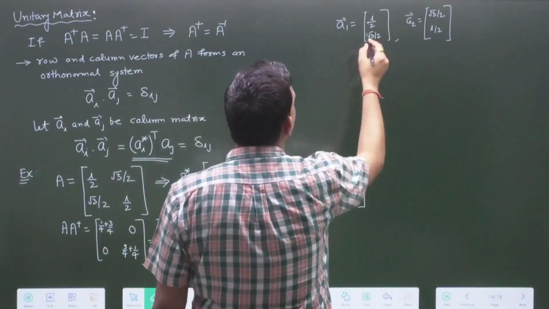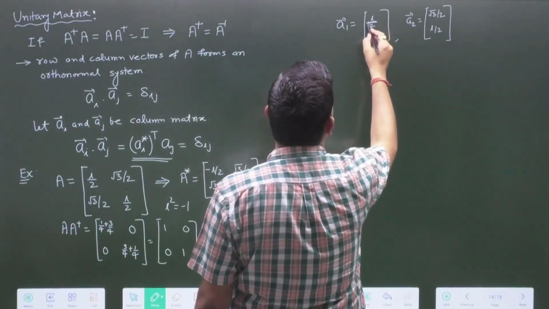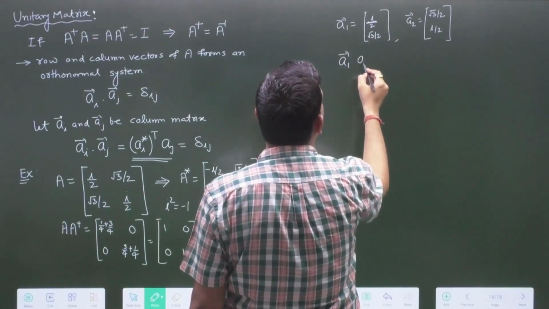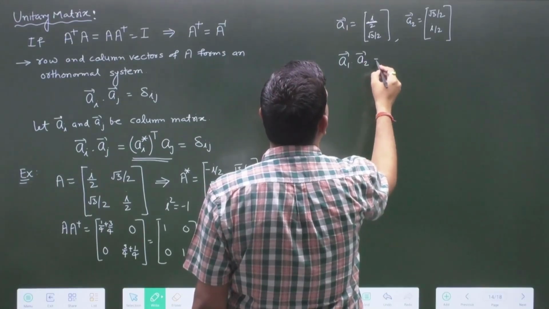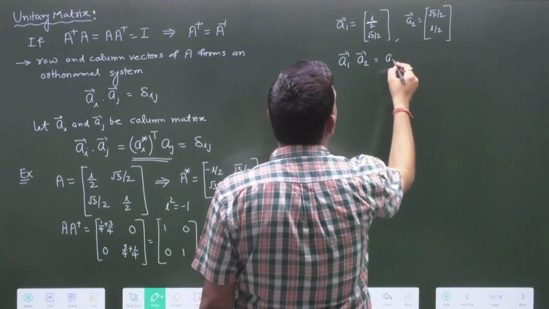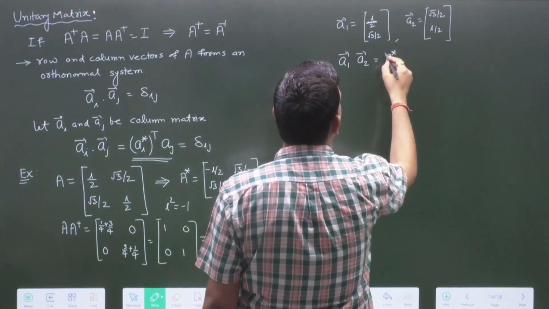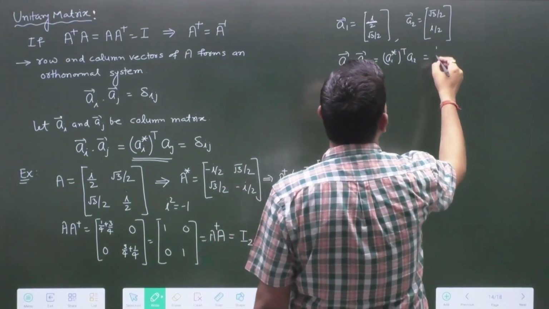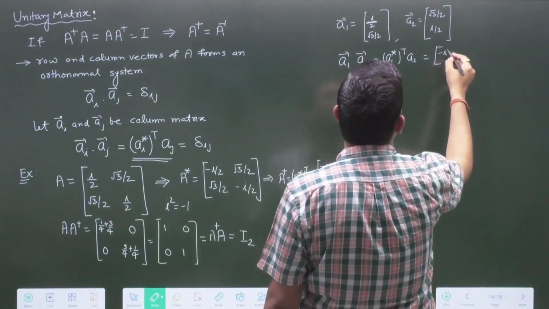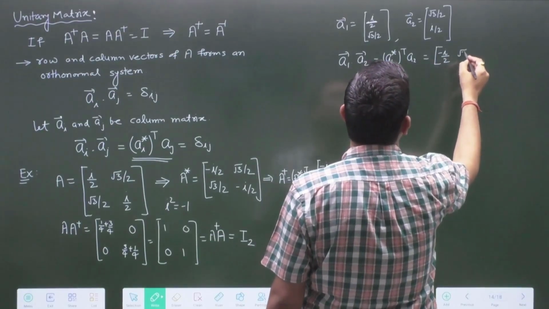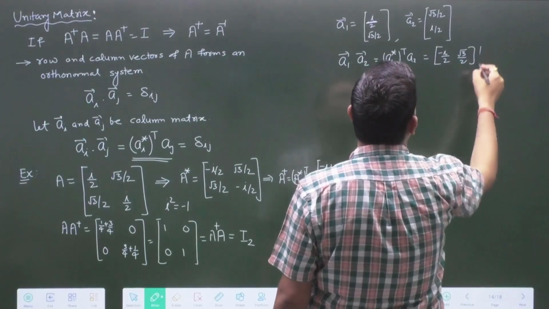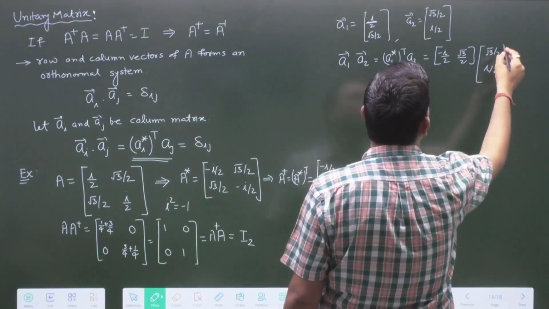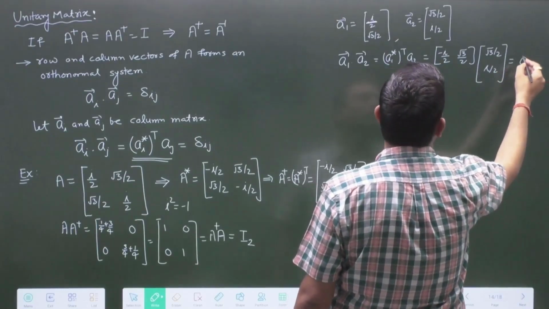So what will be A1 dot A2? That is A1 complex conjugate transpose A2. So this becomes minus iota by 2, root 3 by 2, times root 3 by 2, iota by 2, so that will be 0.